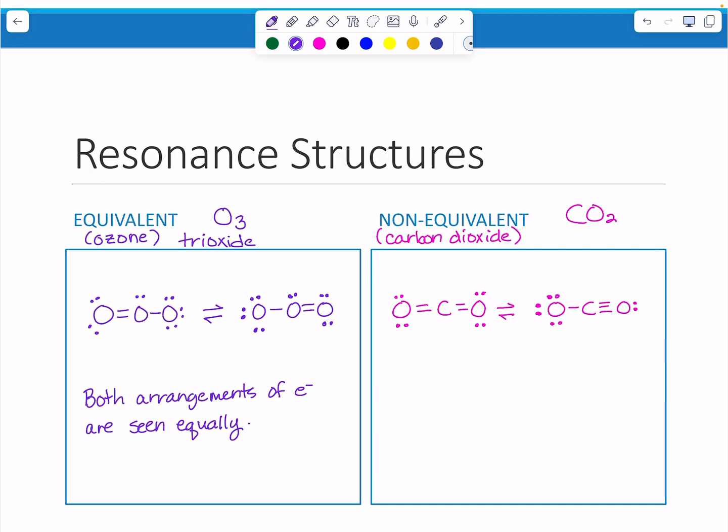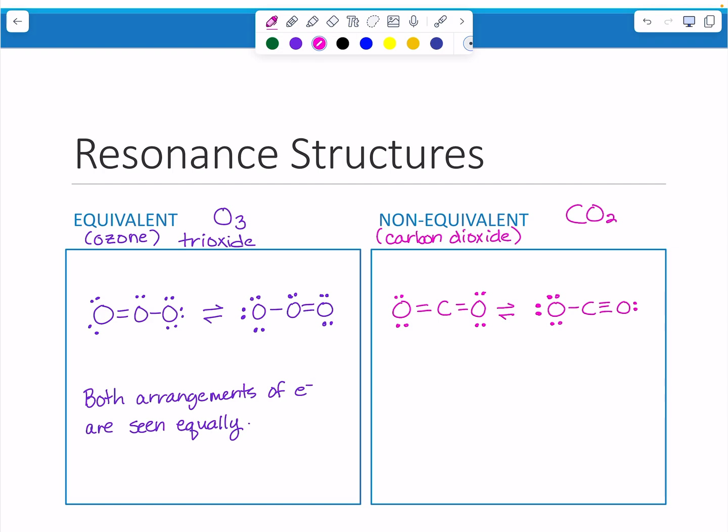But in the case of non-equivalent structures, where they are distinctly different, think about the number and type of bonds you have. We have single bonds, double bonds, and triple bonds, right?